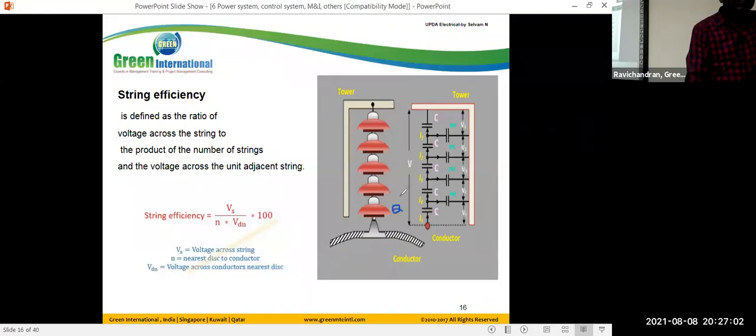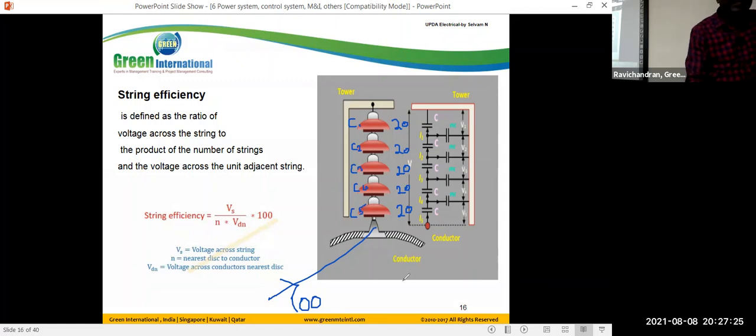Here 1, 2, 3, 4, 5. For example, if it is 100 with all capacitances equal, then here 20, 20, 20, 20, 20. This is C1, C2, C3, C4, C5.